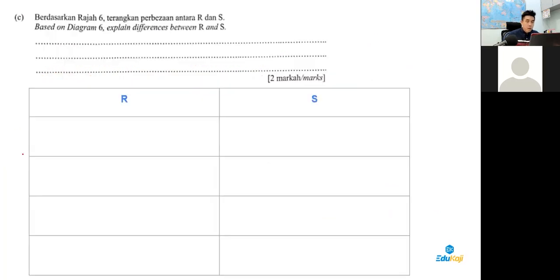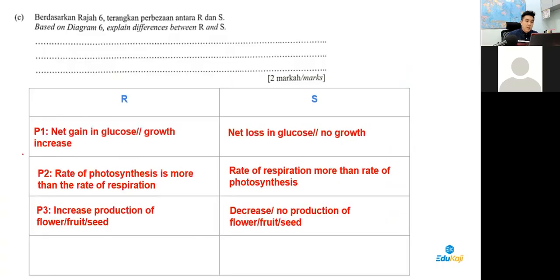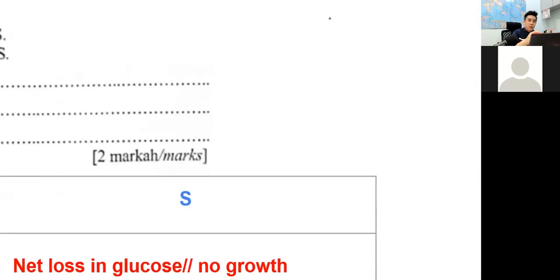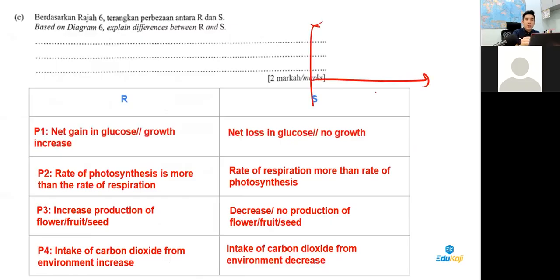Okay, compare S and R. This is super simple, guys. It's everything opposite. The part below X, we call it S, correct?